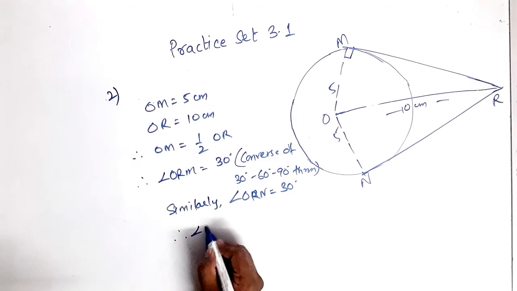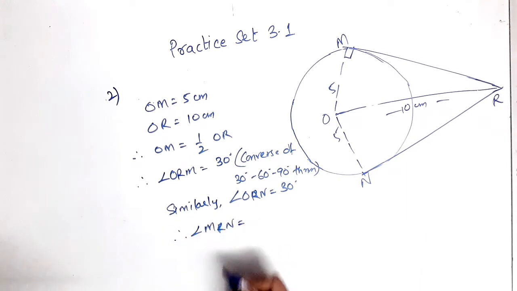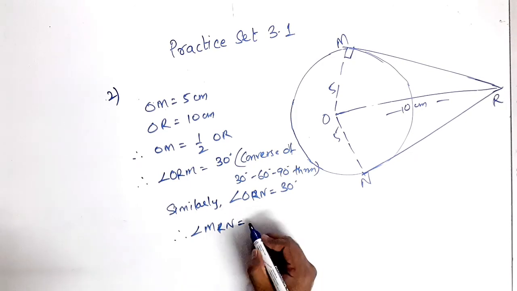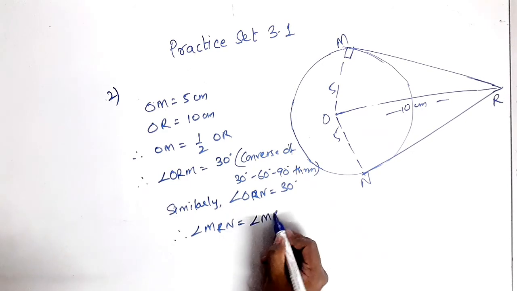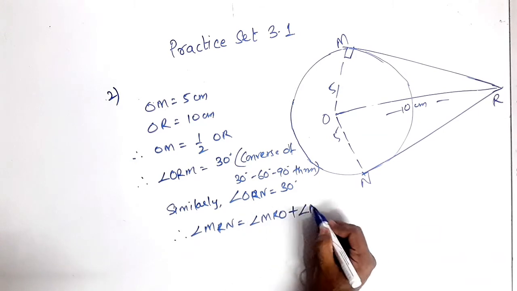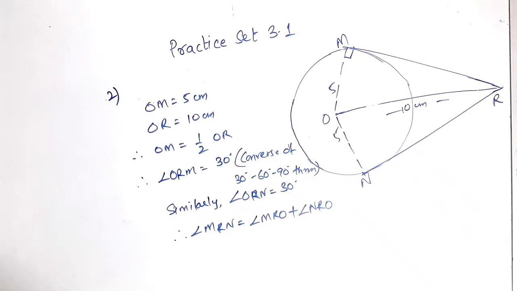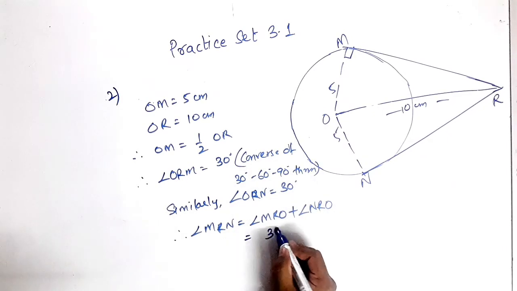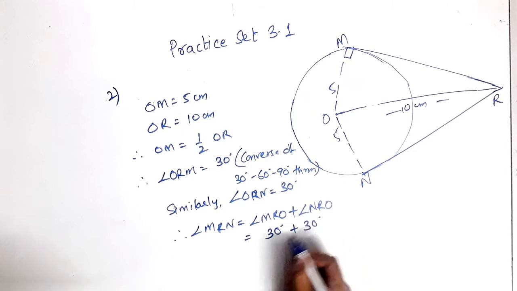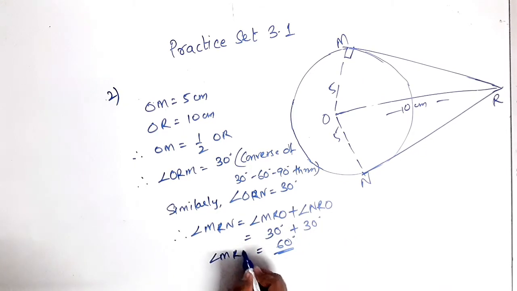So I can find angle MRN by angle addition property. Angle MRO plus angle NRO. So this is 30 degrees plus 30 degrees, that is equal to 60 degrees. Angle MRN is equal to 60 degrees.